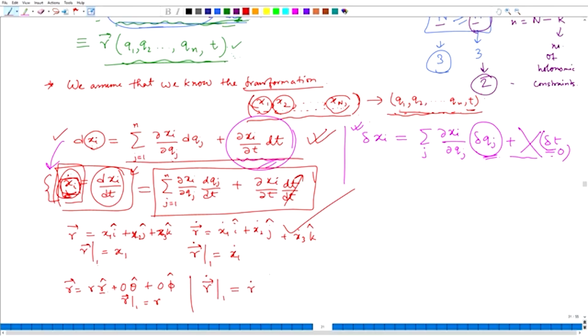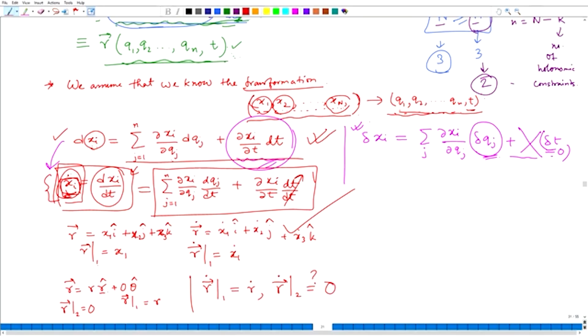You can easily check, yes, that is true. But then the surprise begins: r vector's second component is 0. Now, does it mean that I should not consider phi cap, because I said it is plane polar coordinates? Now, if r 2 is 0, then what will be r dot 2, is it 0?